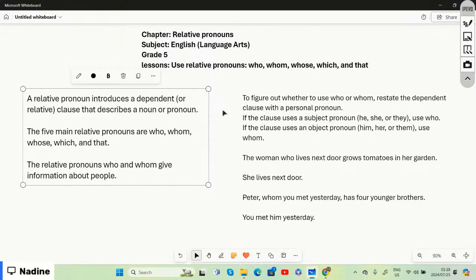And if the clause uses an object pronoun such as him, her, or them, then we use the word whom.